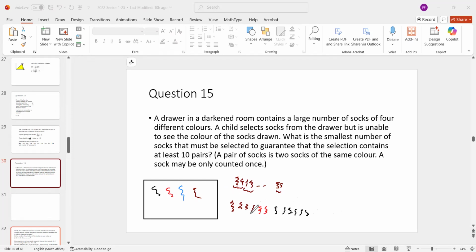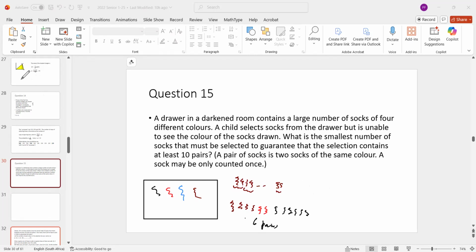Right? And this way you'll have 2, 3, 6 pairs. Okay, so it's a little bit complicated because you have different colors, you see. But okay, let's start. At the starting point, you need to have at least 20 socks.